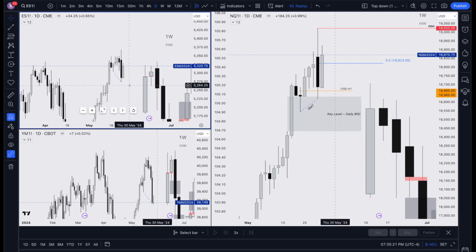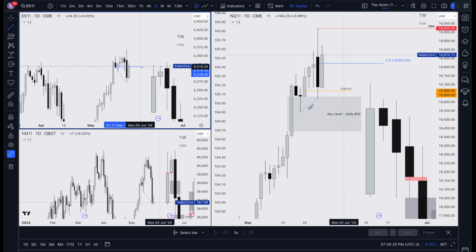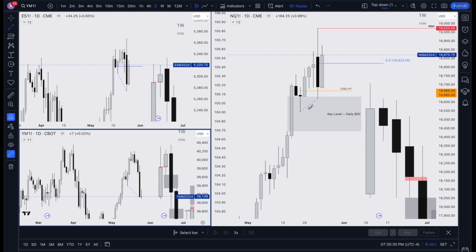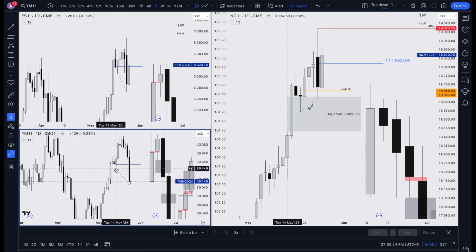Look at the difference in that statement in comparison to the ES and in comparison to the YM. The YM and the ES both, below this low on the YM and below this low, or I guess this up close candle on the ES, both of these create a change in state of delivery on the Thursday.